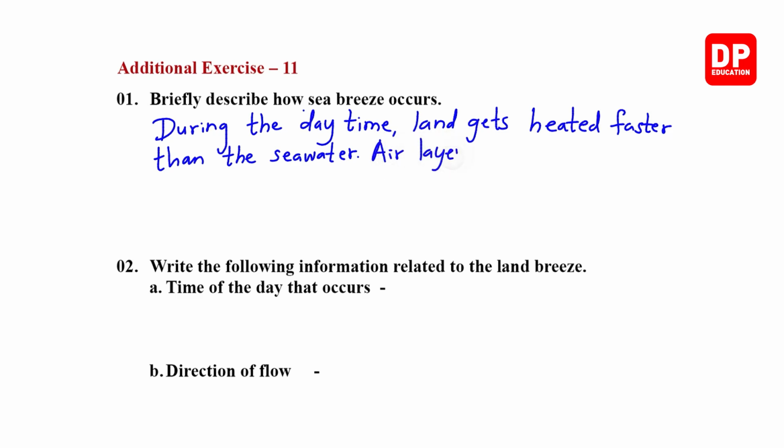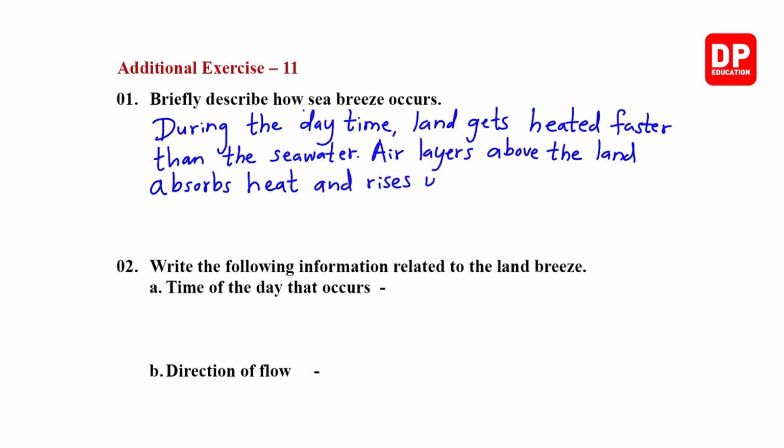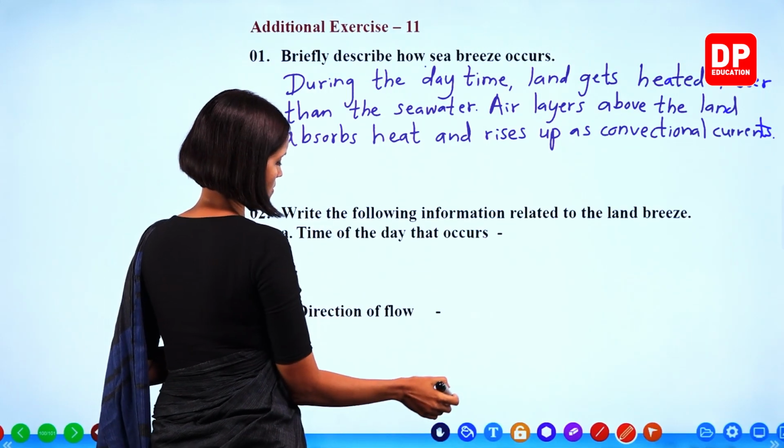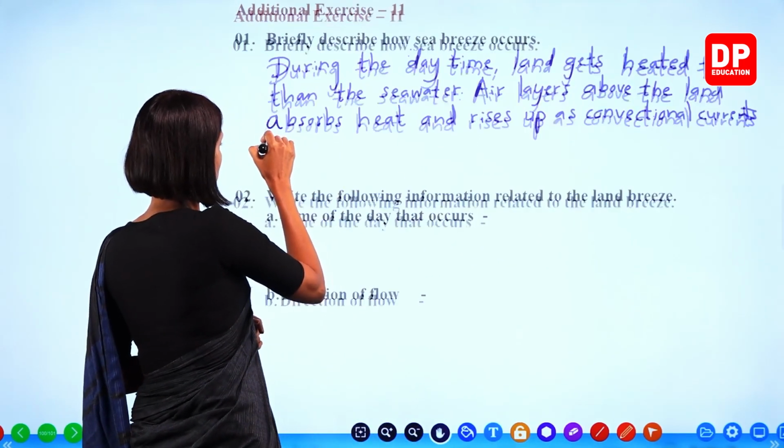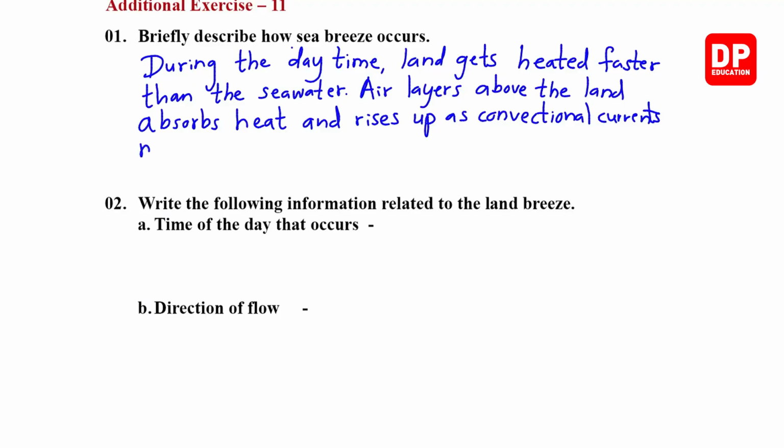Air layers above the land absorb heat and rise up as convectional currents, making a low pressure area.